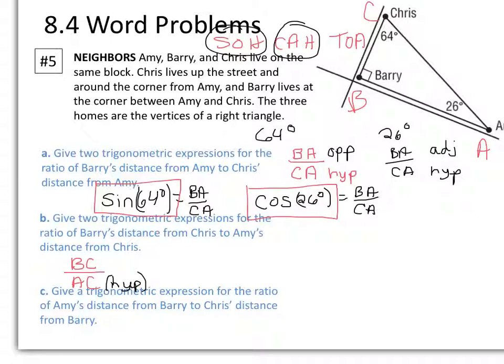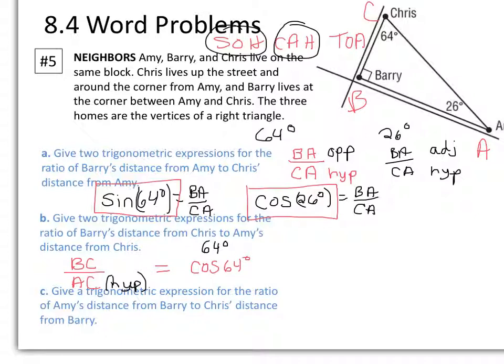So hopefully you can see that we're also looking at cosine and sine again, but this time let's look at BC as the numerator instead of BA. So from the perspective of the 64 degrees, what is BC? From 64 degrees, BC is the adjacent. So we can represent the adjacent over the hypotenuse as cosine of 64 degrees is going to equal BC over AC.